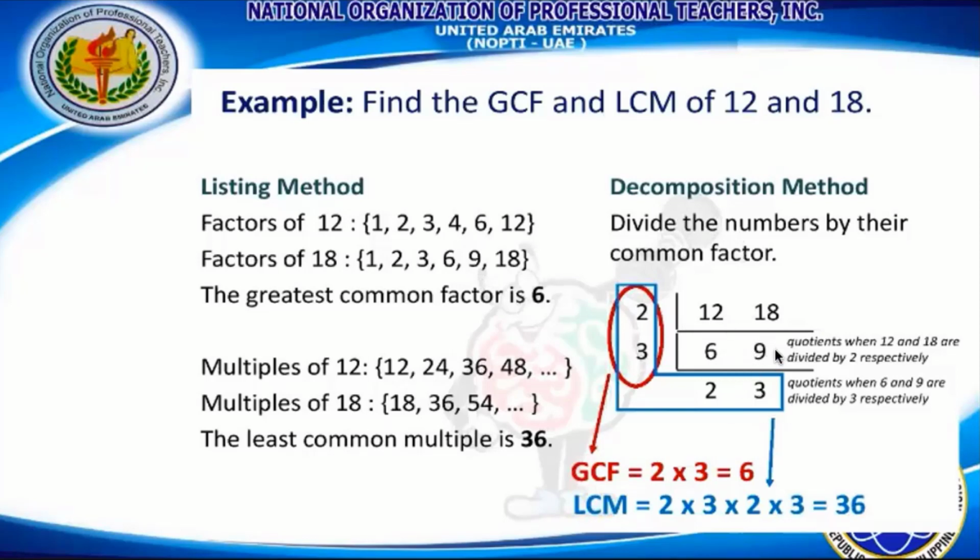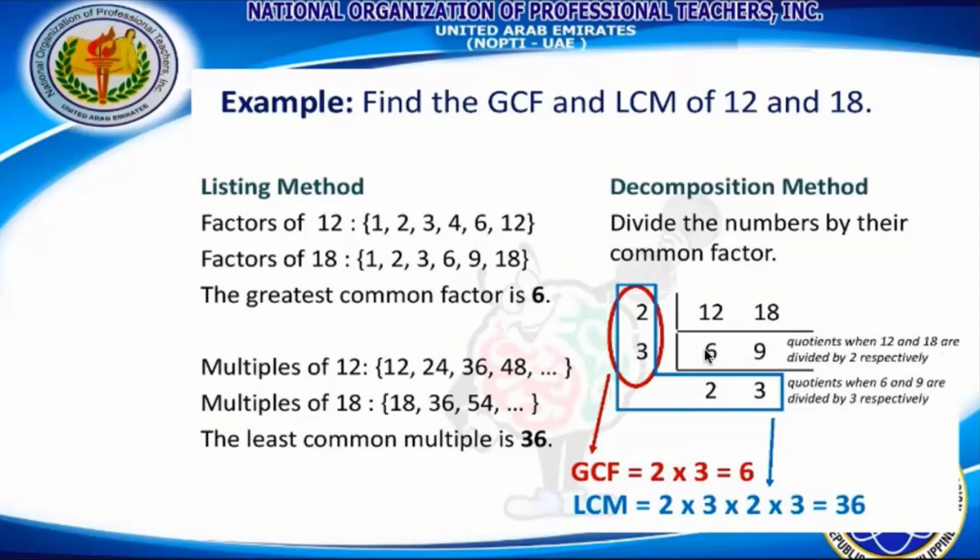Yan yung procedure. Let's say 12 and 18. Ano yung mga, when you divide, the quotient when 12 and 18 are divided by 2 respectively. So, 12 divided by 2 is 6. 18 divided by 2 is 9. Kaya, 6 and 9. Yan. Tapos, yung quotient naman when 6 and 9 are divided by 2 or 3 respectively.